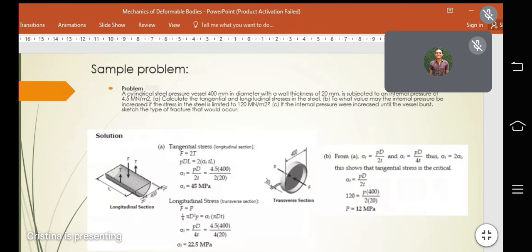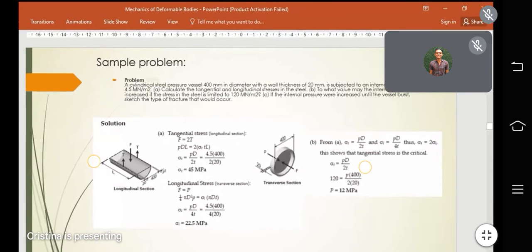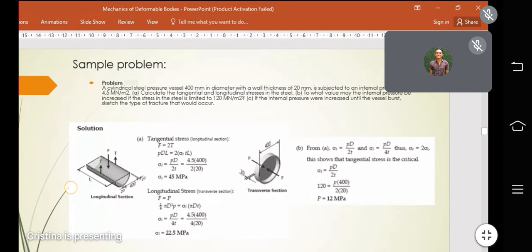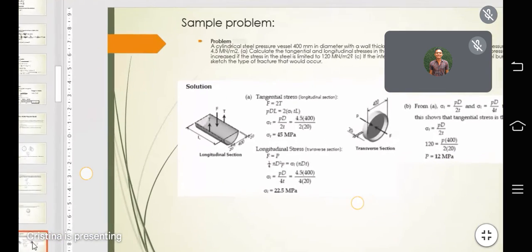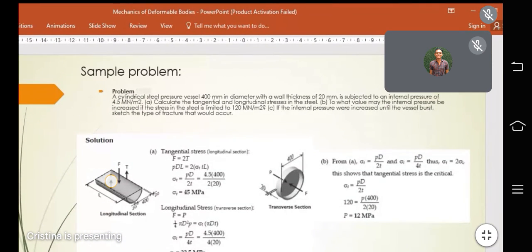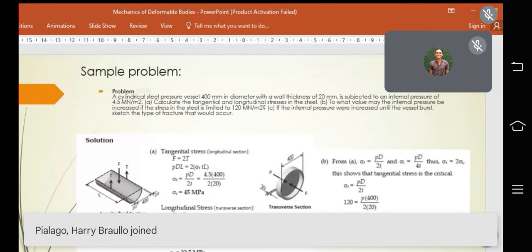Okay, so let's have an example. A cylindrical steel pressure vessel, so cylindrical na siya, dili na siya spherical. So it's either the longitudinal or the tangential. It has a 400 mm diameter with a wall thickness of 20 mm. Thin walled siya. It is subjected to an internal pressure of 4.5 meganewtons per m squared.